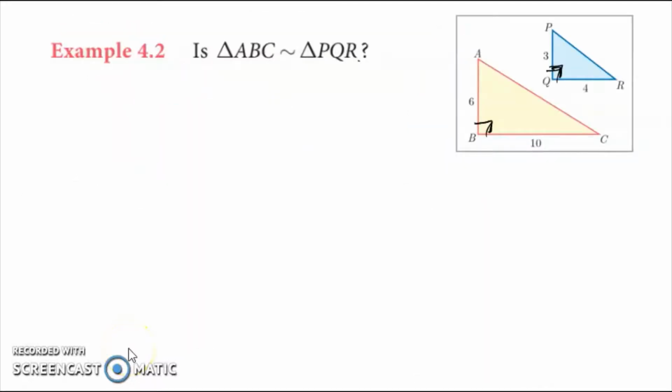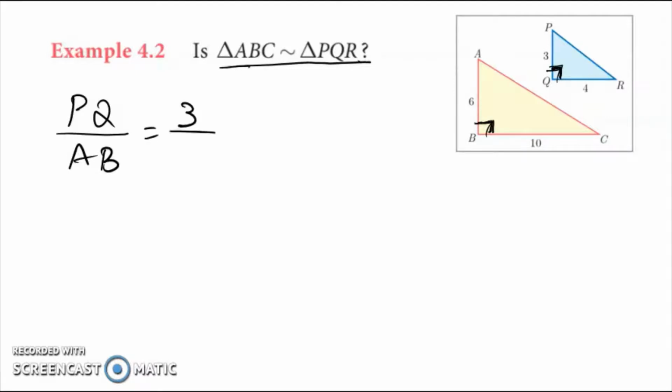In this question, we are asked whether triangle ABC is similar to triangle PQR. We can see that they have the common angle here at B and Q. So let's see if the sides are proportionate. So let's do first PQ by AB. PQ by AB is equal to 3 by 6.